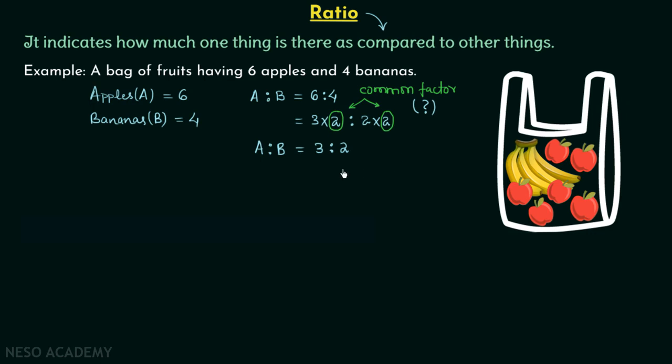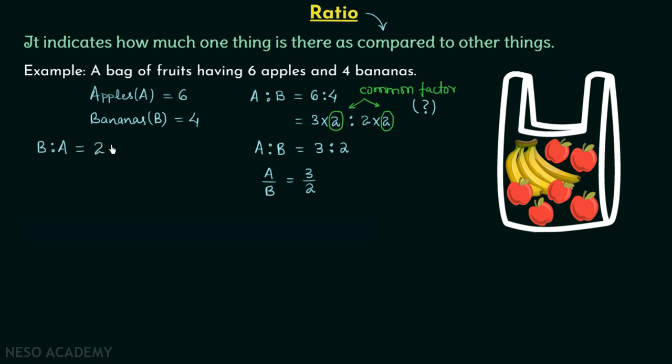Now there is one more way to represent a ratio. We can write A ratio B as A by B, and this will be equal to 3 by 2. So in this way we have compared one thing, which is apple, with the other thing and represented it in these two ways. Now what if I want to compare the number of bananas with the number of apples? I will say B ratio A equal to 4 ratio 6.